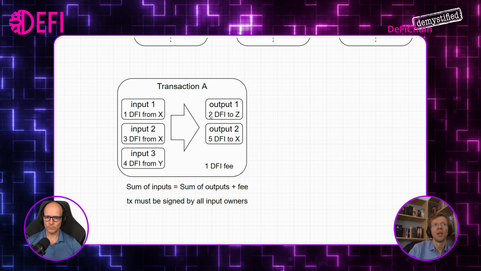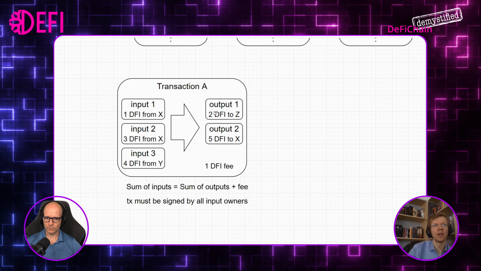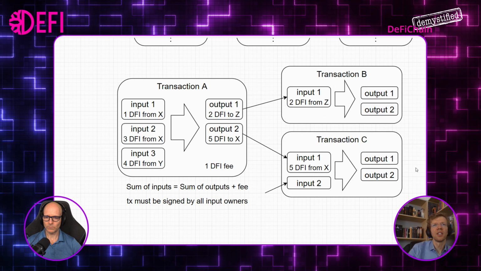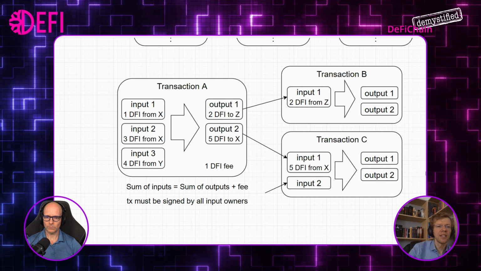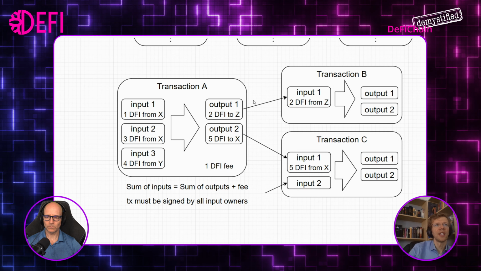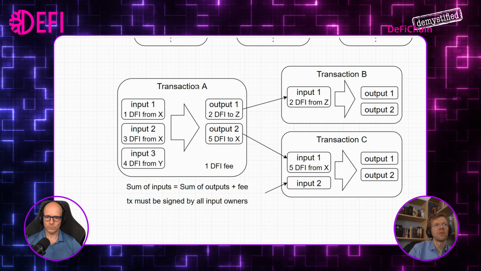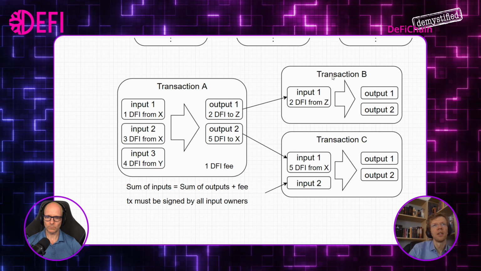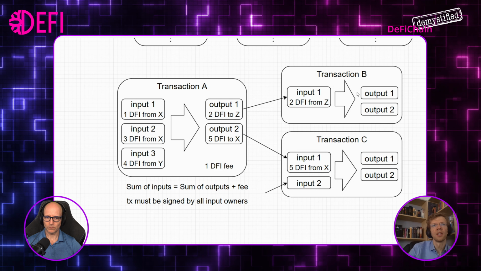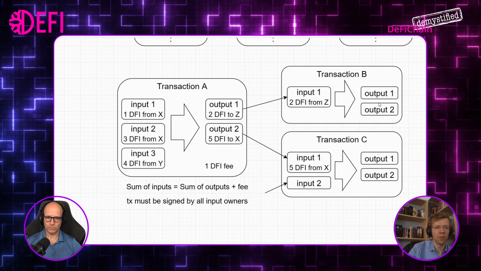Because this transaction now means I have 2 DFI to Z and 5 DFI to X. And now I can use the output of this transaction as an input in a different transaction. For example, I could use this 2 DFI from Z in a transaction B, where I have only this input, 2 DFI from Z, and send it to wherever.